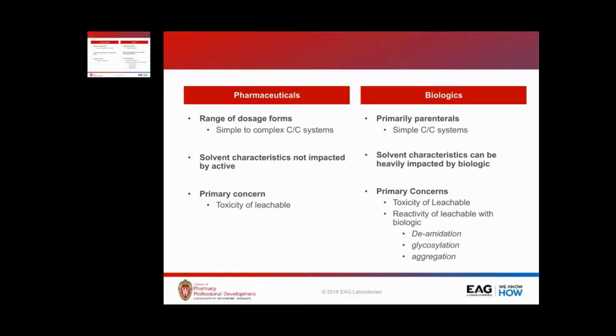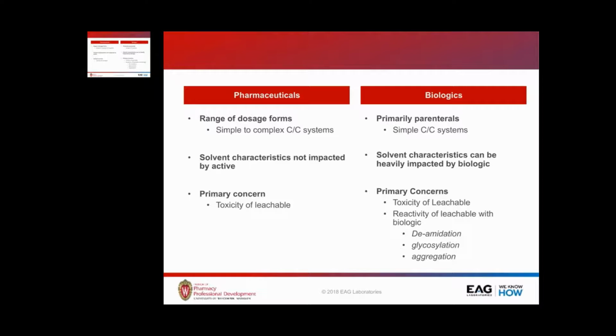So you can be surprised by what you can see for biologics from a leachable profile, things that you would not expect. And there are actually two different areas of primary concern. The first is the toxicity of the leachable, and this is, again, about the final patient. However, with biologics, we also have to worry about the reactivity of the leachable with the biologic.